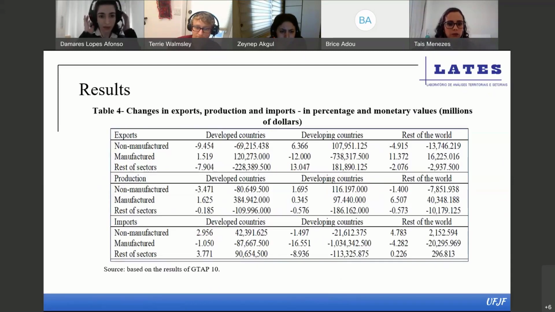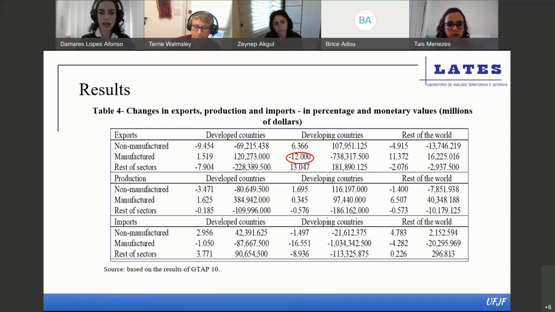And table 4, I will check. Table 4 shows the variation in exports, production, and imports. And our interest was to drop the exports of developing countries in manufacturing sector by 12%.